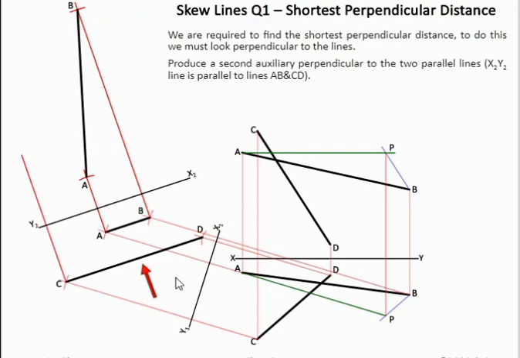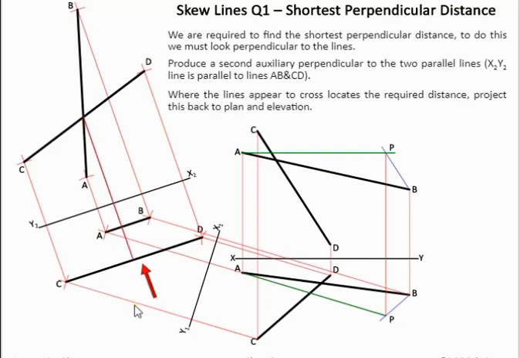So we mark off A and B, and then we do the same for C and D. What we've now found is the location where we can construct a point between the lines. This point is brought down to our first auxiliary. So this here is our shortest perpendicular distance. We bring it down to plan, and then construct it up into the elevation. That's our shortest perpendicular distance, sometimes asked as the shortest distance between the two lines.